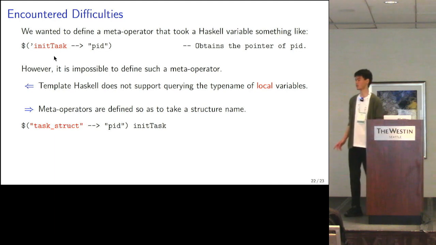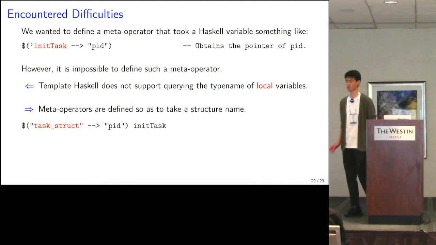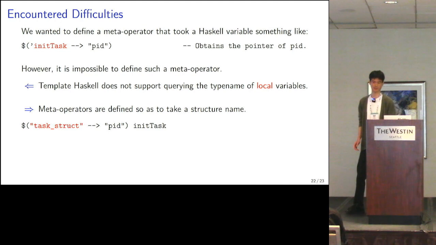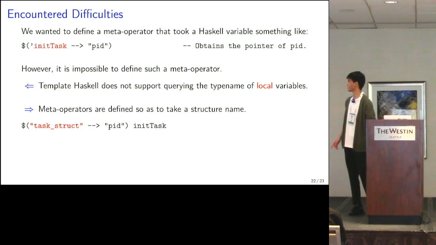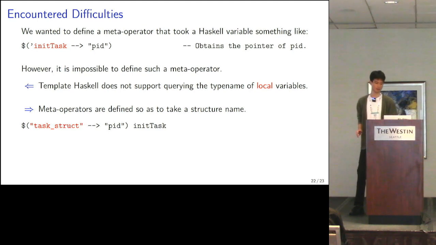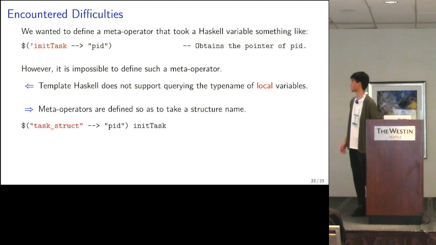Unfortunately, this is impossible to define because Template Haskell does not support querying the type name of local variables. The type name of local variables is essential to define the right arrow operator, since it is needed to generate the corresponding function name. So we finally defined the meta operators so as to take a structure name, as in here.